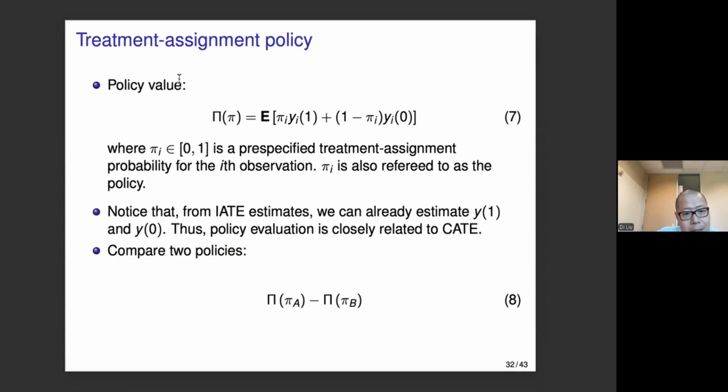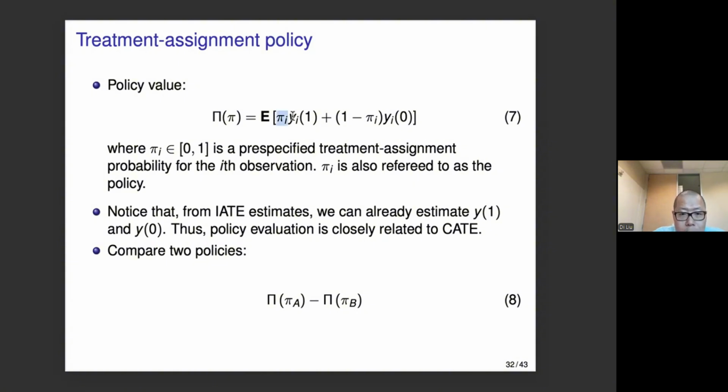Then the policy value of pi is the average outcome in the population if you implement this policy. So pi_i is the probability of putting observation i into treatment. pi_i times Y_i(1) is the scenario when it gets treated. And 1 minus pi_i is the probability when it is in control, times Y_i(0), the potential outcome when it is not treated.